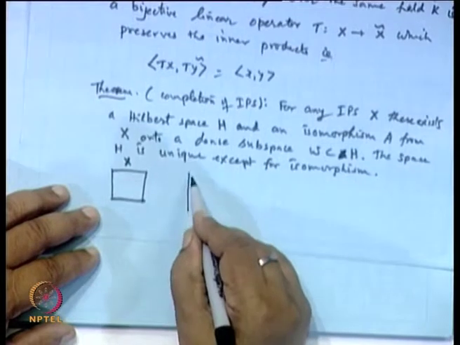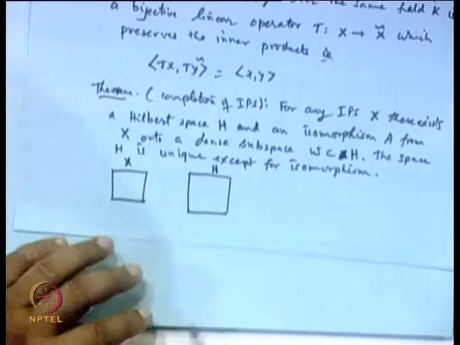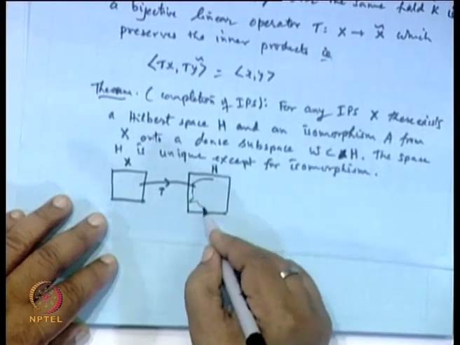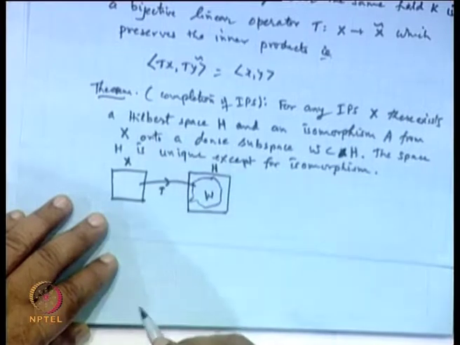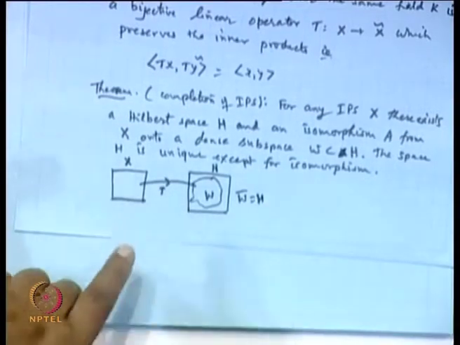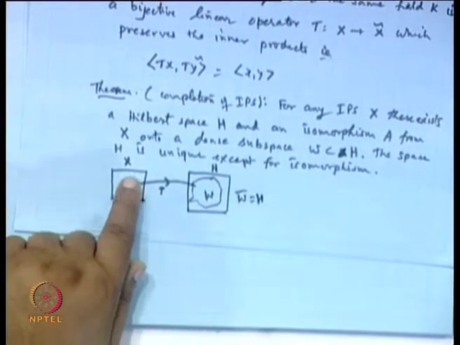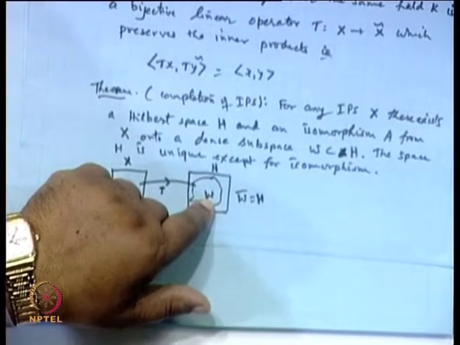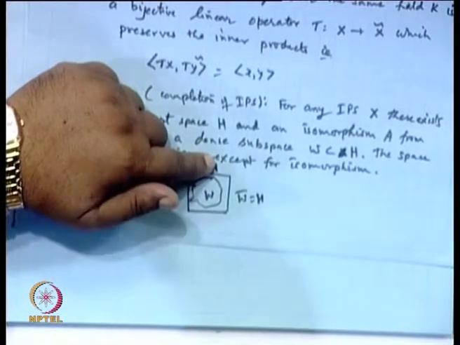What we can say is, we can always find a complete inner product space, say H, a Hilbert space, and an isomorphism T can be defined from X into a set W such that the closure of W is H, that is, W is dense in H. So, a 1-to-1 mapping can be introduced from X to W, which preserves all the operations of X and W. So, basically X and W are identical spaces, they behave as if they are carbon copies of each other, and once they are carbon copies, the closure of W is H. So, only the limiting points are the extra points.